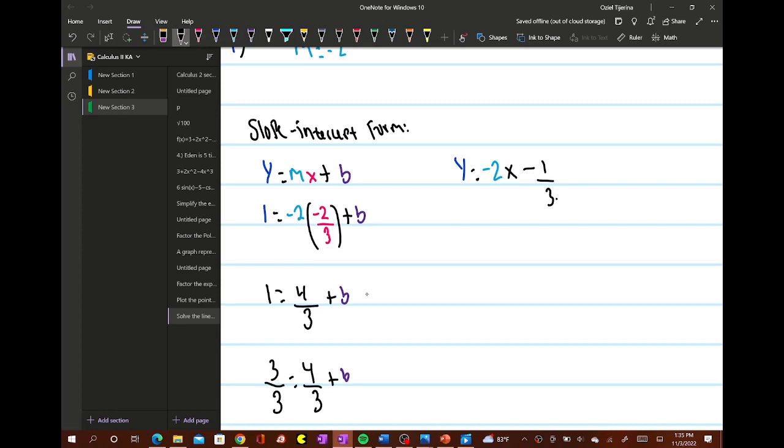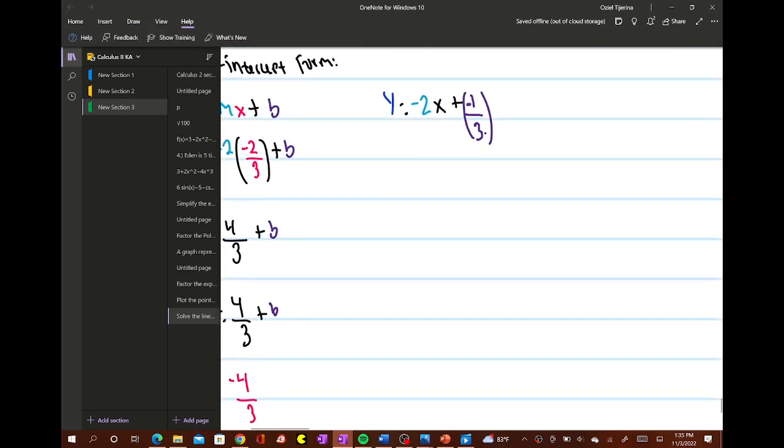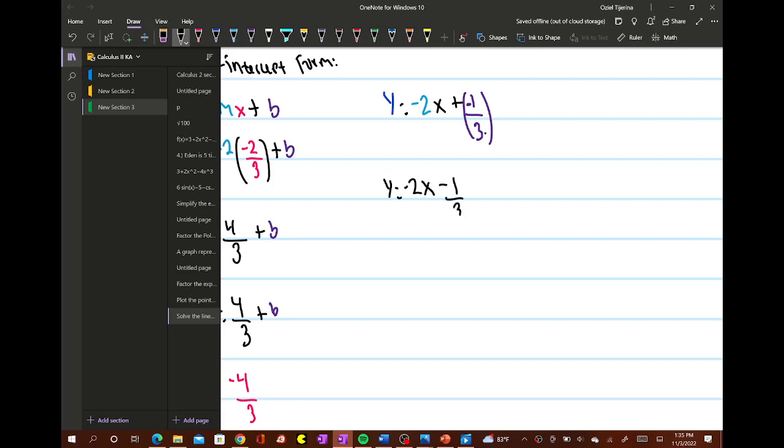Let me put this as purple so that you guys can understand what b is. B is negative 1/3. From here, we know that y is equal to negative 2x minus 1/3.